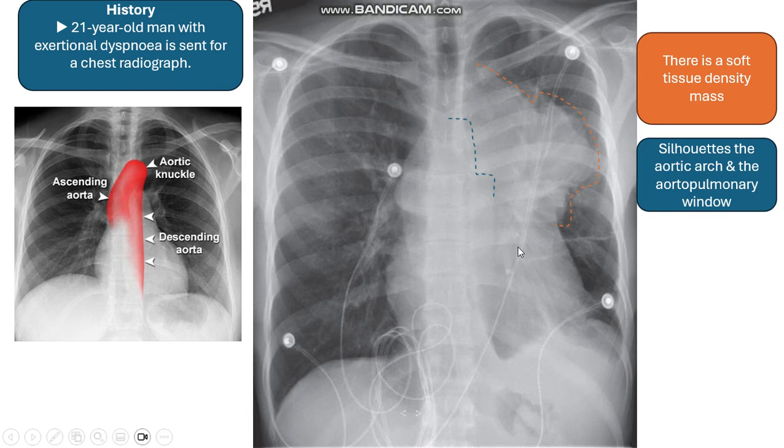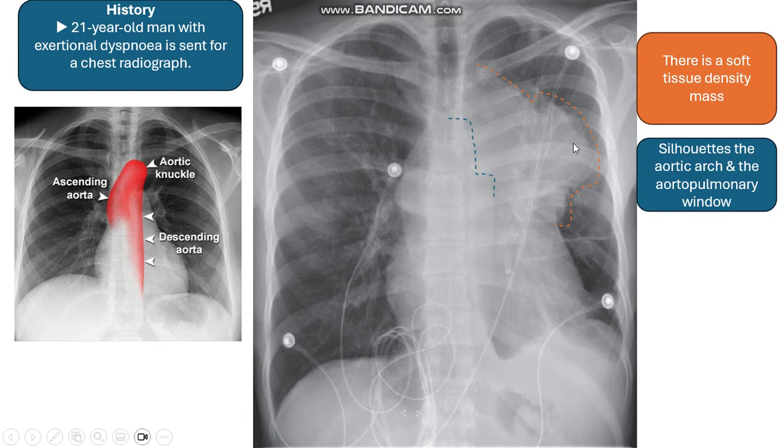This sign means that the hilar vascularity is not obscured by the mass, and this means that this mass is not a middle mediastinal mass, because the hilar vascularity is a middle mediastinal structure.